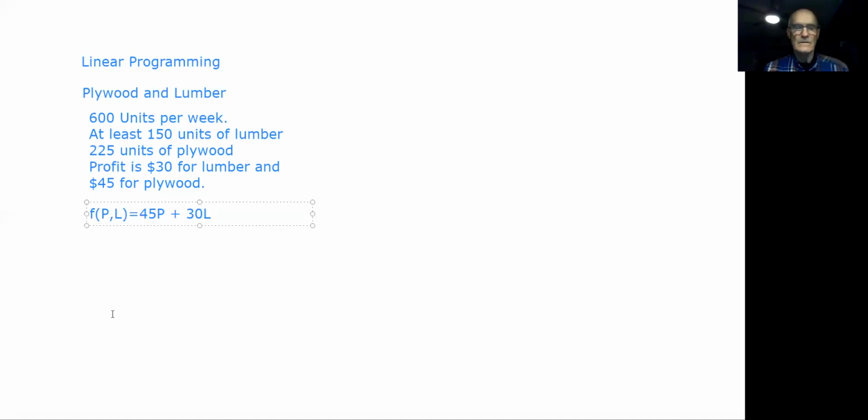Now that is what's called the objective function, and the objective function is what I'm either trying to maximize or minimize.